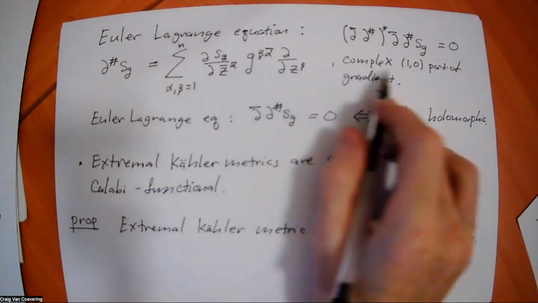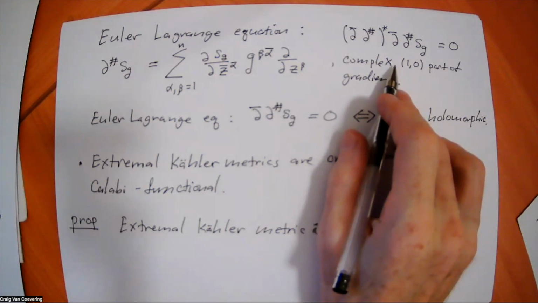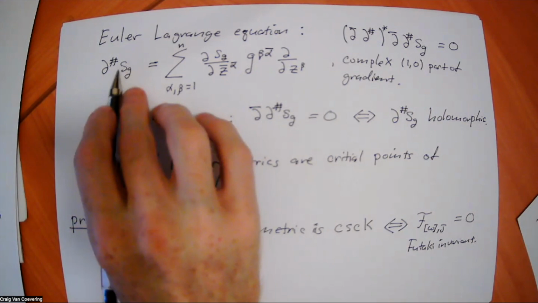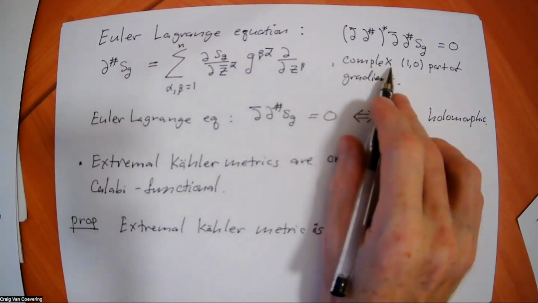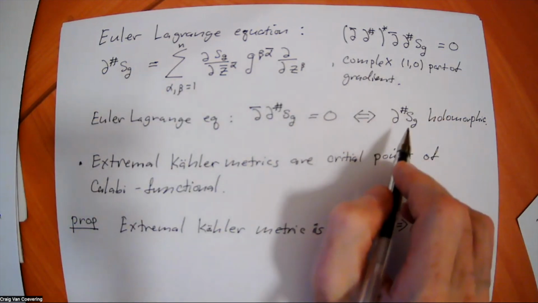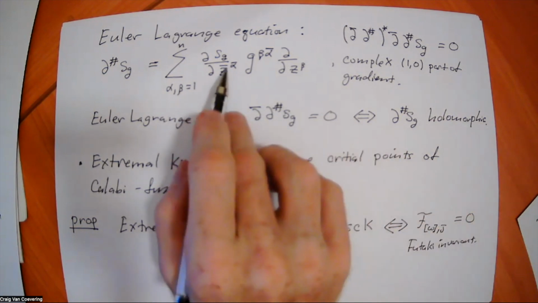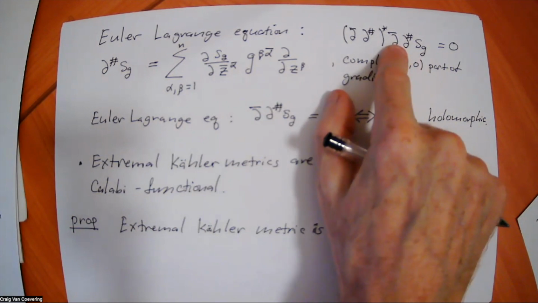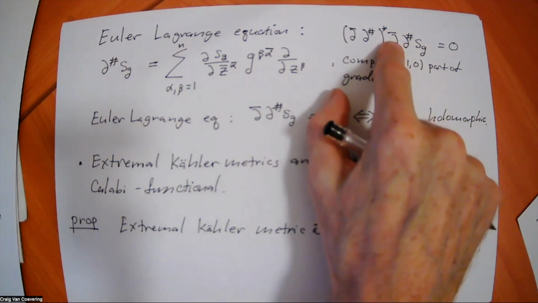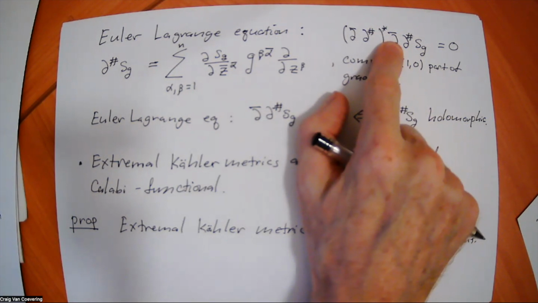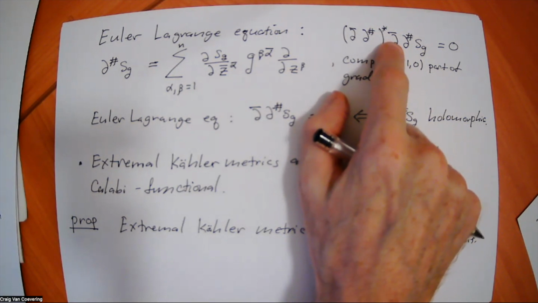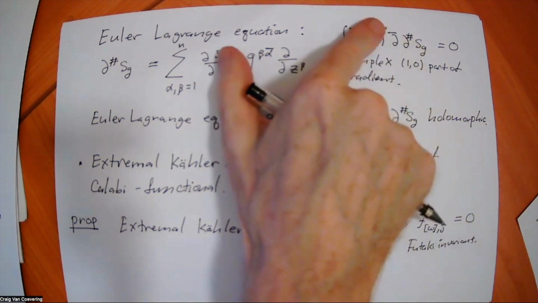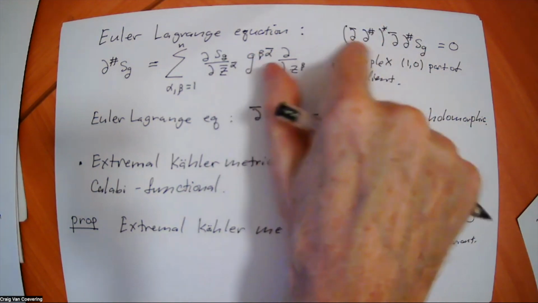You take the complex gradient of the scalar curvature and take its 1,0 part, and then del bar acts on vector fields of type 1,0.